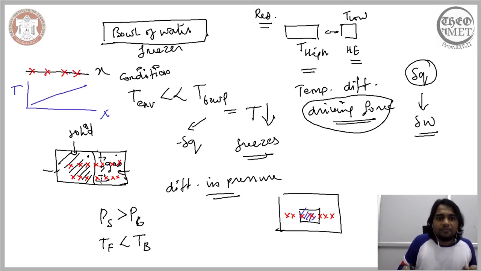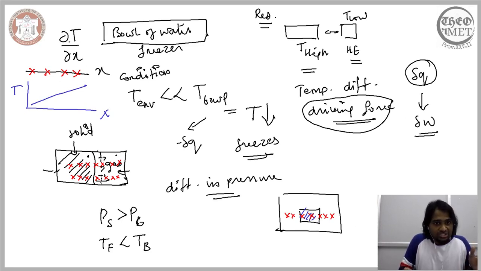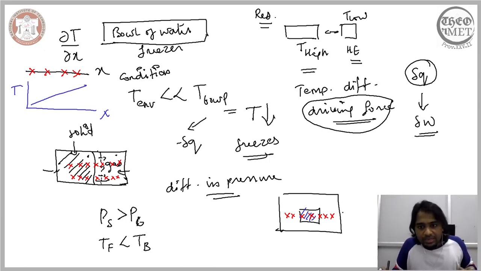Now if we want to numerically represent this change with spatial position, it is nothing but the change in the temperature with respect to the position along the x-axis. This is for the one-dimensional case, and this expression can be appropriately used to describe the temperature difference within this system or any other system.